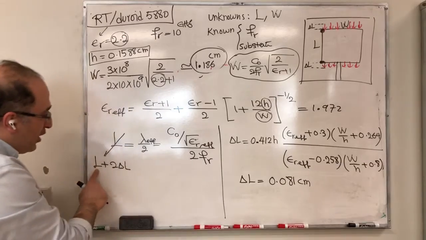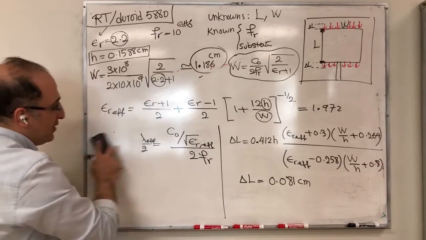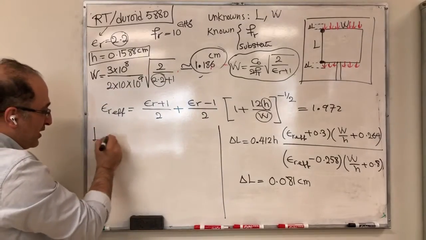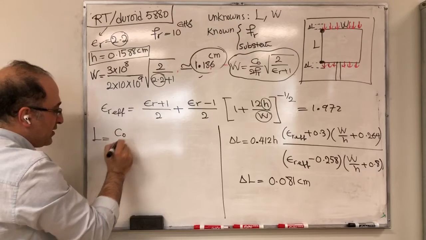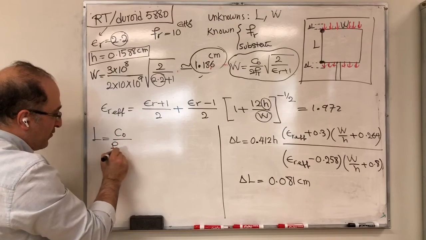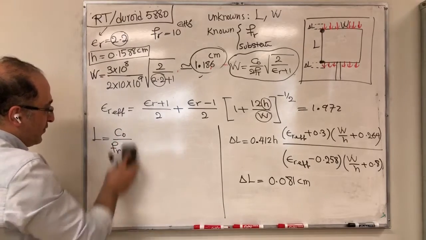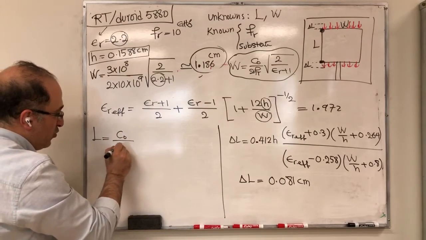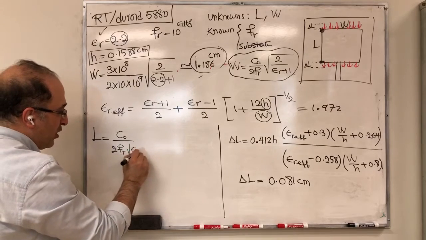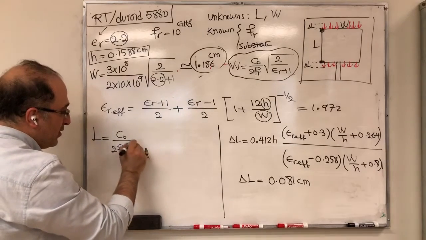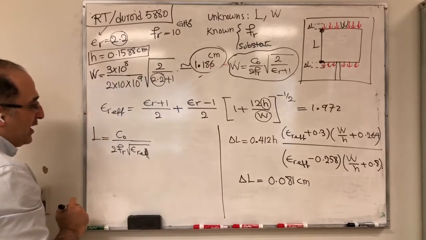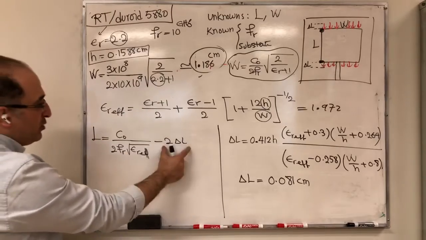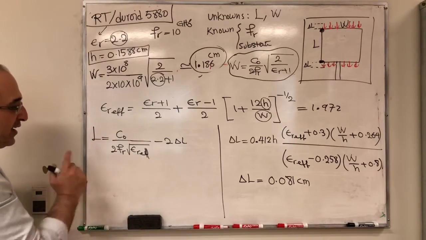Therefore, now you can find your L, and your L becomes half a wavelength, but effective, which would be c0 divided by 2 f_r square root of epsilon_r effective, and then minus 2 delta L. That's because L plus 2 delta L then becomes half a wavelength effective.